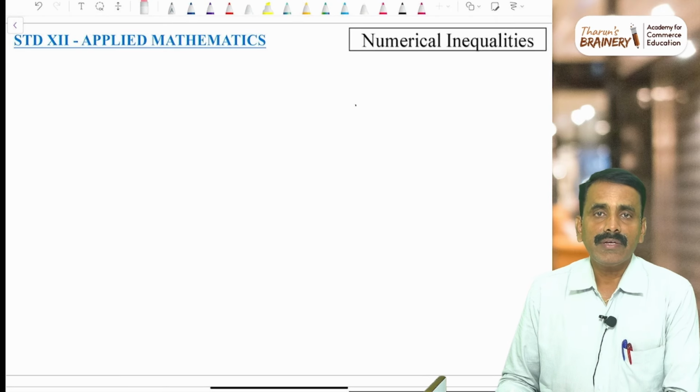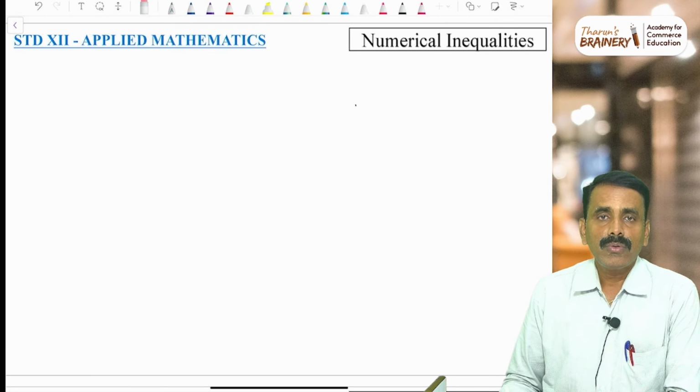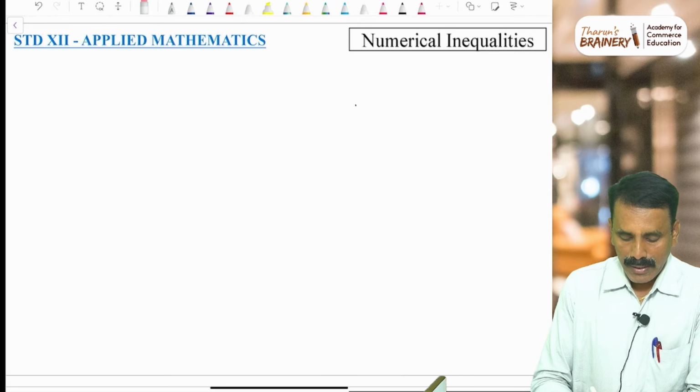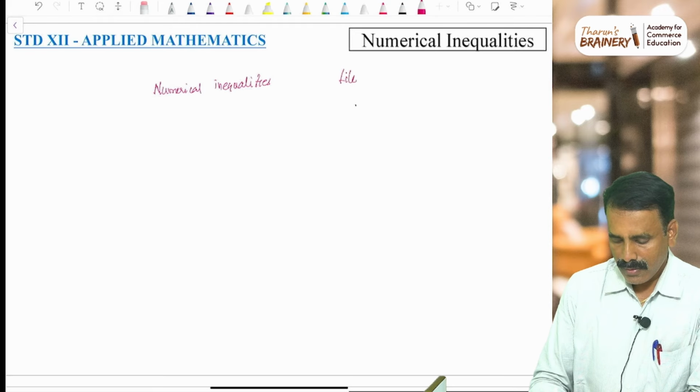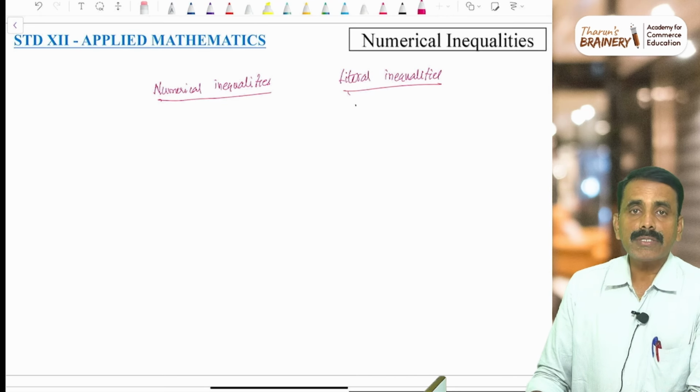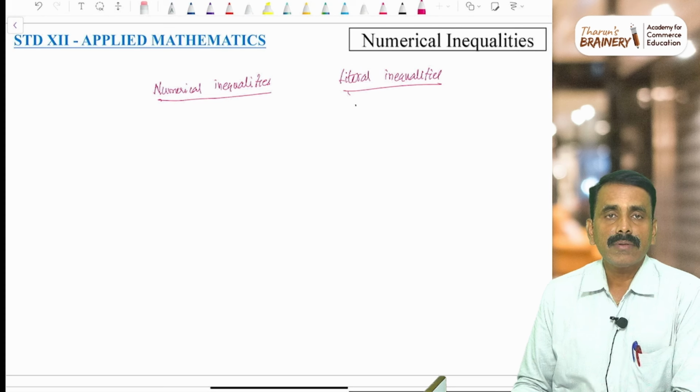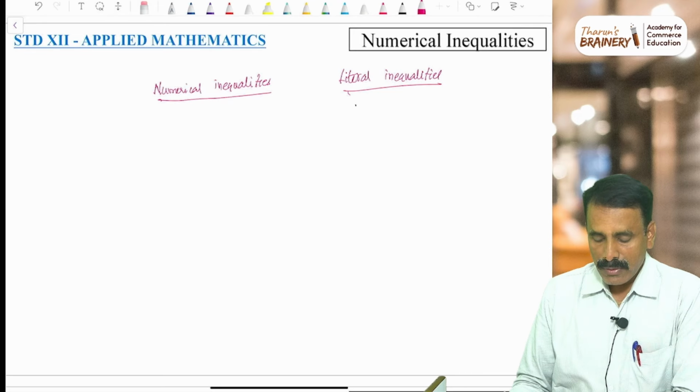Now we classify inequalities into 2 types. One is numerical inequalities and the other one is literal inequalities.